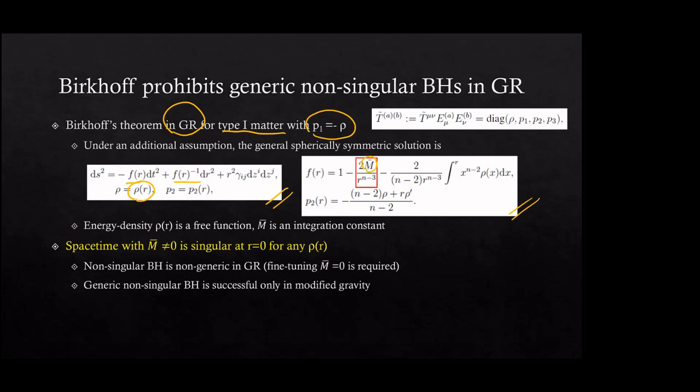And we observe that the space-time with non-zero m bar is singular at the center for any function of the energy density. So this means that a non-singular black hole is non-generic in general relativity under these assumptions, because fine-tuning is required. So it means that generic non-singular black holes can be successful only in modified gravity, not in general relativity.